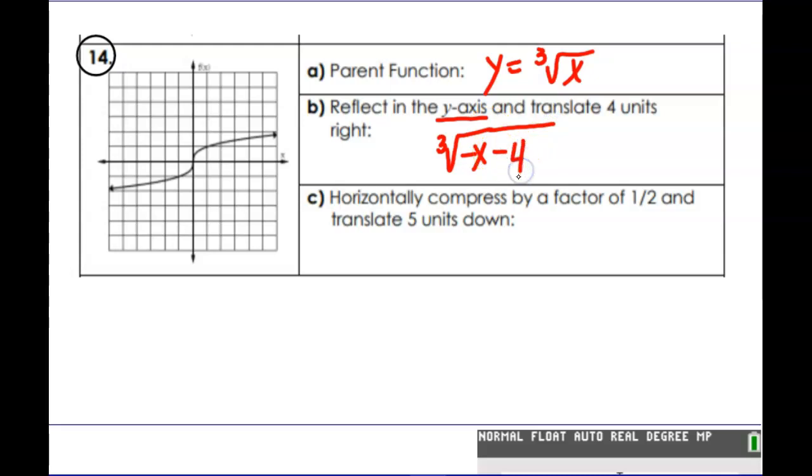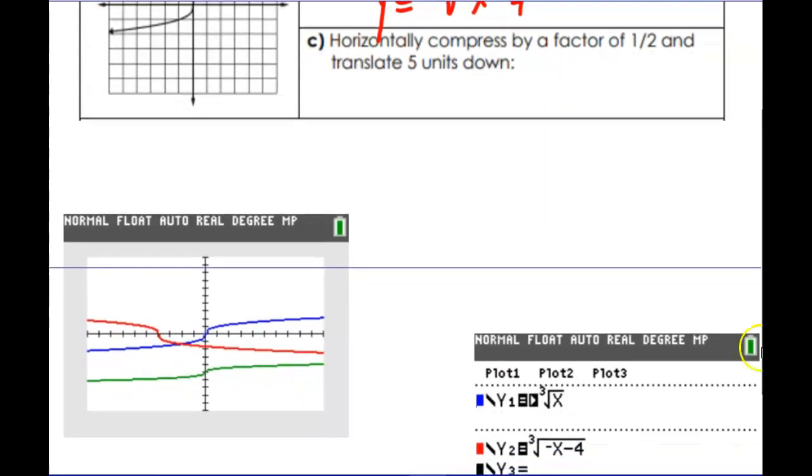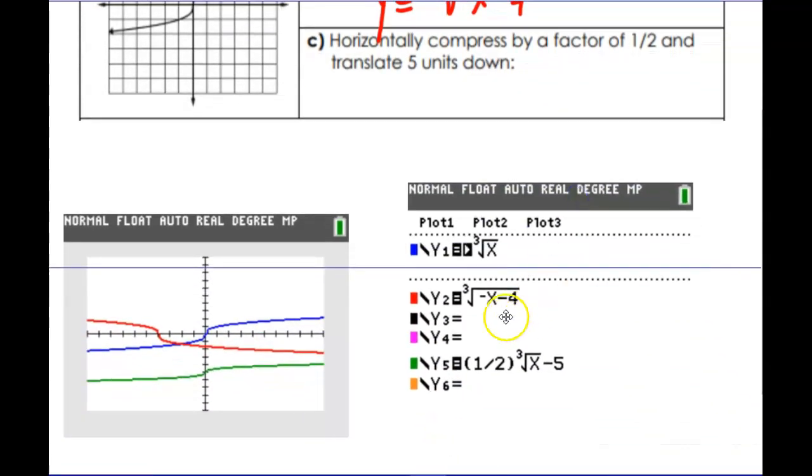Yeah, I'm not sure that's going to work. I think I had to double check that one on my calculator. Maybe it did. Okay, reflect, and then, because the order of operations would say to multiply and then subtract. So it's the red one on the graph here.